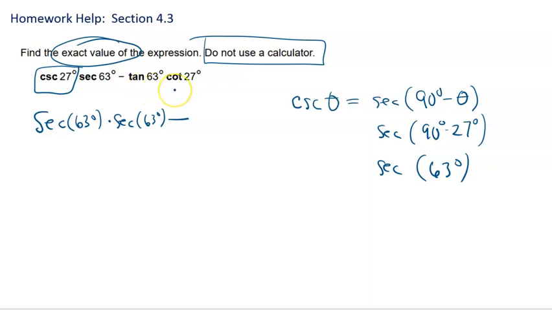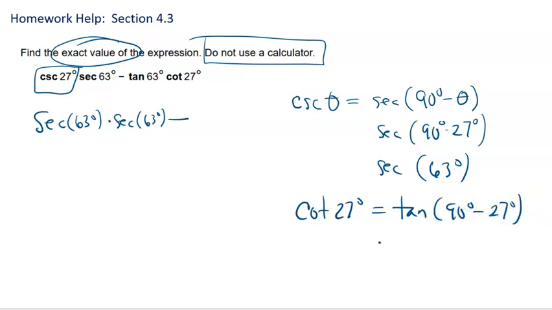Now tangent and cotangent, I know they're cofunctions of each other. For some reason I like tangent better than cotangent, so I'm going to use the cofunction for cotangent. Cotangent of 27 degrees is equal to tangent, its cofunction, of 90 degrees minus 27 degrees. 90 minus 27: 90 minus 30 is 60, plus 3 more, so tangent of 63 degrees.